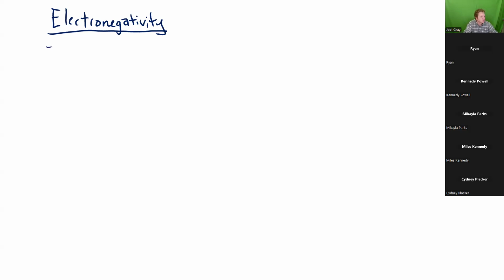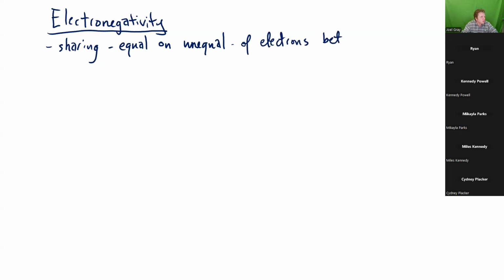Well, electronegativity is the sharing, either equal or unequal, of electrons between atoms within a molecule.